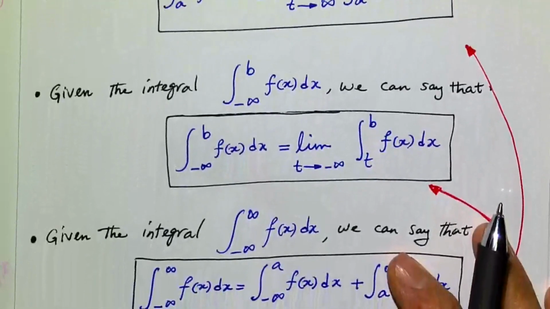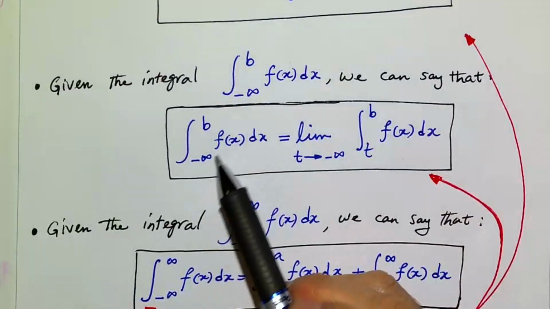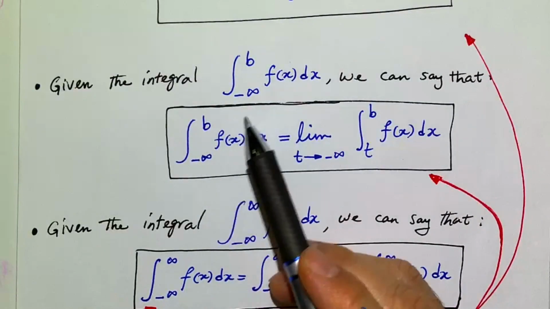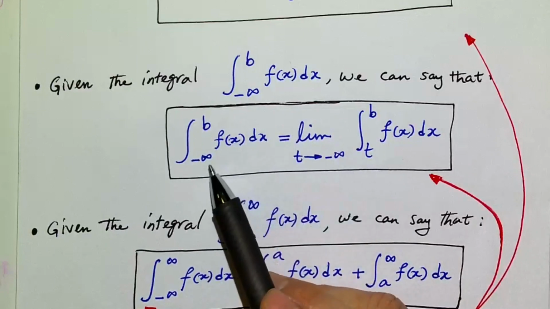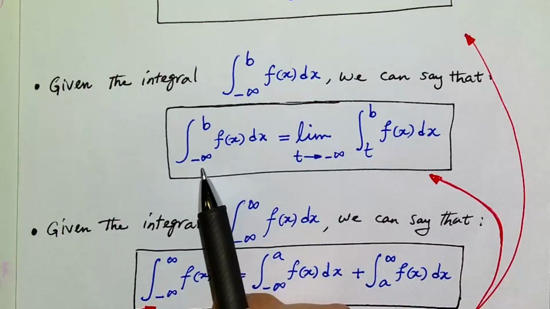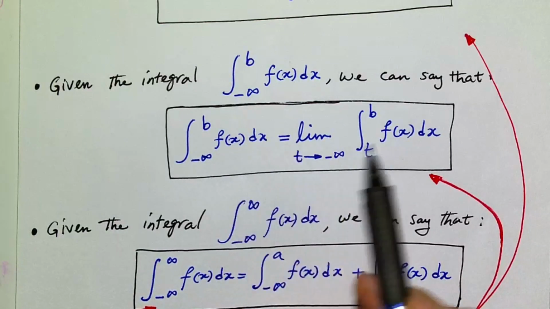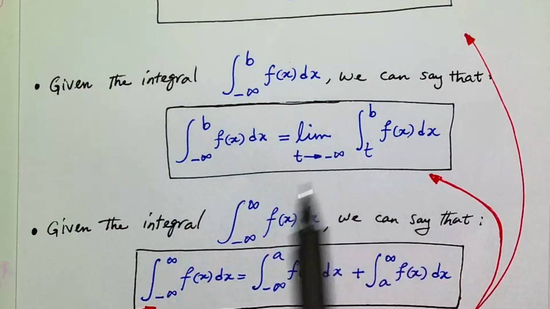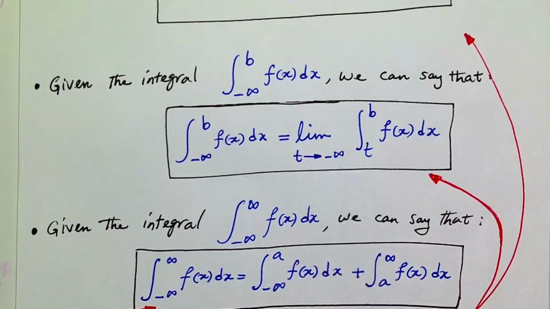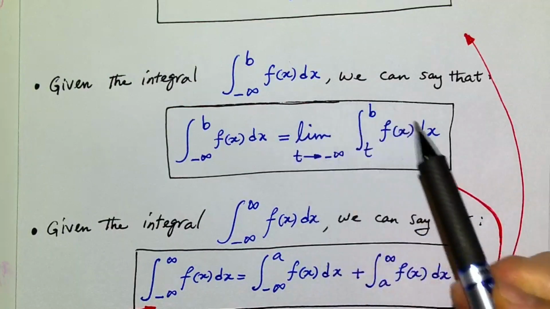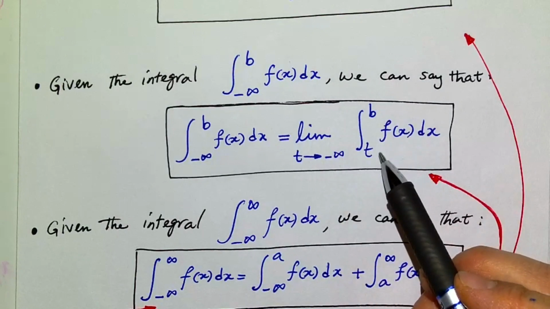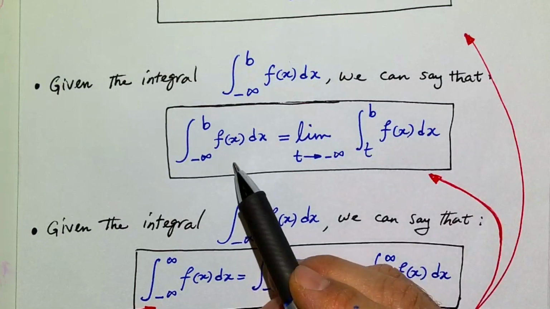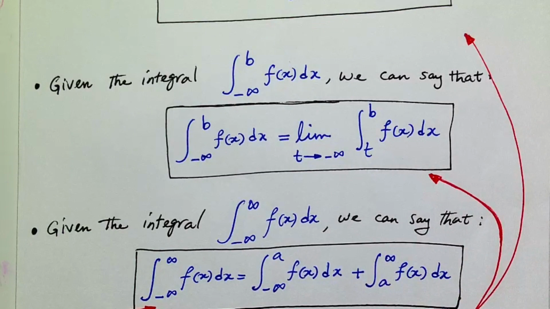So if the bottom limit is set to infinity, then once again we replace that infinity with the variable t, and then take the limit of that integral as t approaches negative infinity. Once again, if we are able to quantify this to a certain value, then we say that the original integral is convergent.